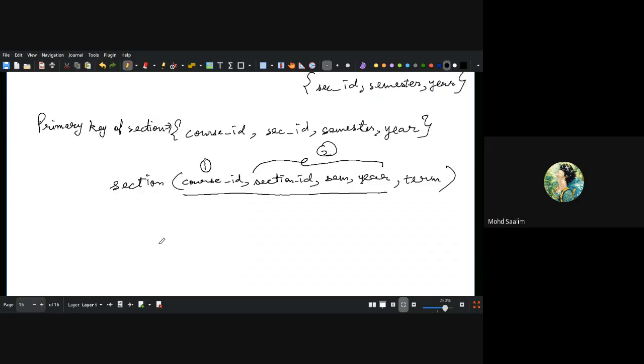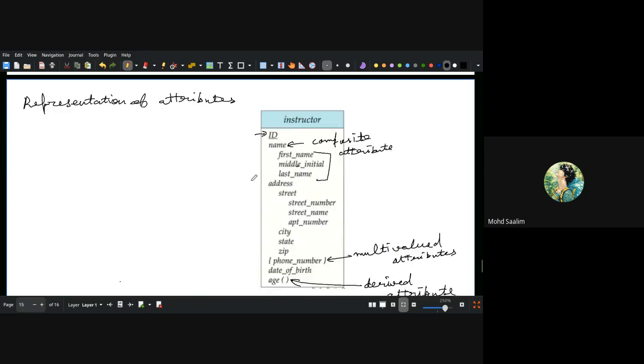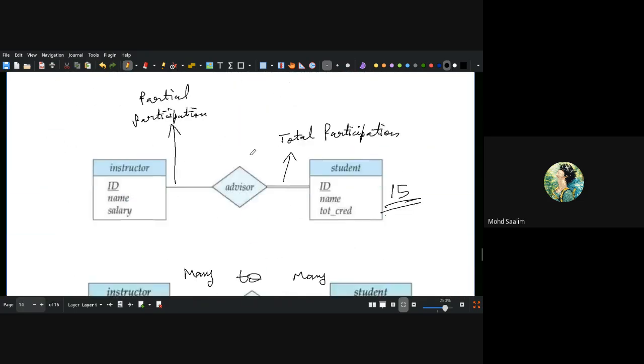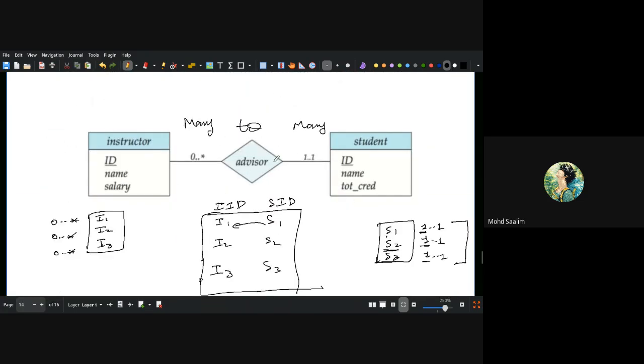There's nothing complex. It's just what we said, the primary key of section. We are just underlining all four of them. That's it, because as I said, we underline the primary key when we represent an entity set. And when you want to represent a relationship set, let's say this advisor relationship, how will you do that?